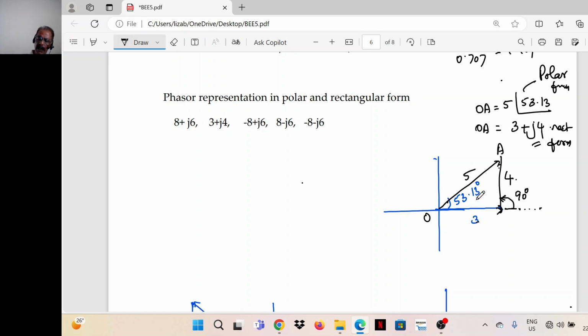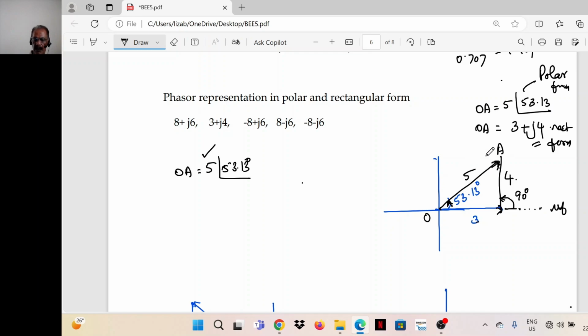So OA can be represented as 5 angle 53.13 degrees. That means its magnitude is 5 units. From the positive x direction, the reference direction, you move counterclockwise by an angle of 53.13 degrees and take 5 units.